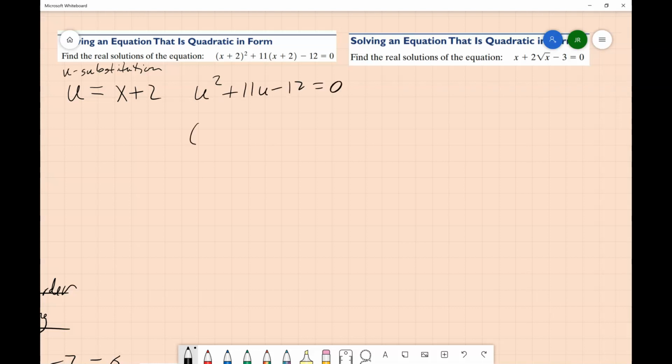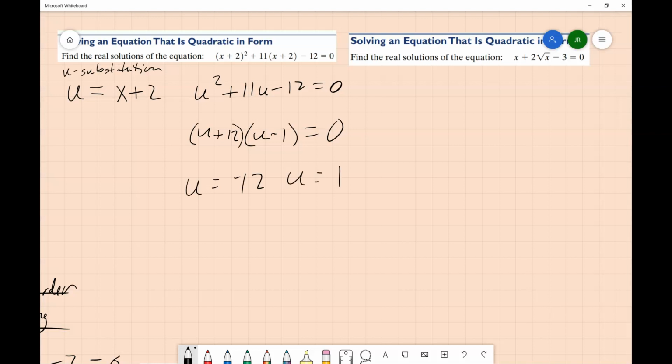This is why it's quadratic in form, because now it's a quadratic equation that we can solve with a pretty simple way of factoring. It's going to be u plus 12, u minus 1. Solve those and you get u equals negative 12 and u equals positive 1.